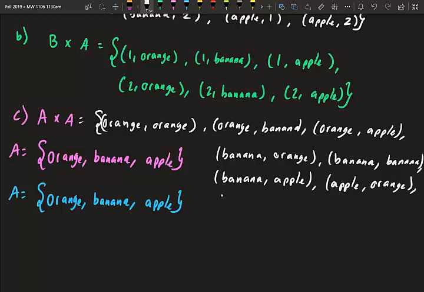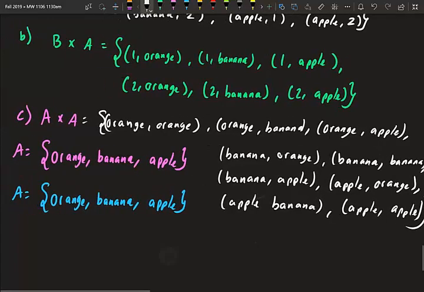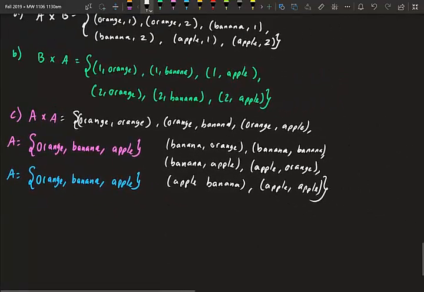Apple, banana. And then apple, apple. And there's our set for A times A, or A cross A. But you know what we're talking about.